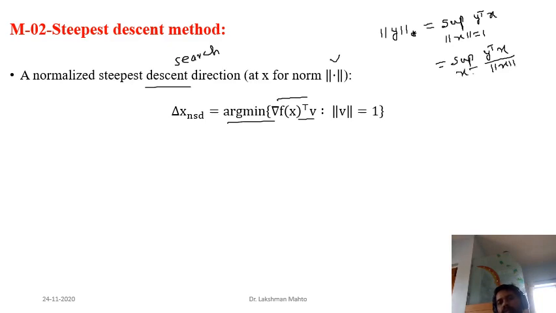Even apart from these two definitions of the dual norm, there are many definitions of the dual norm. All are equivalent to each other.